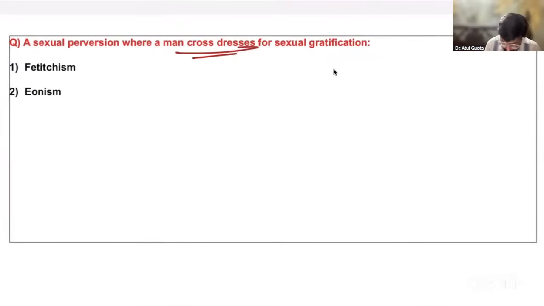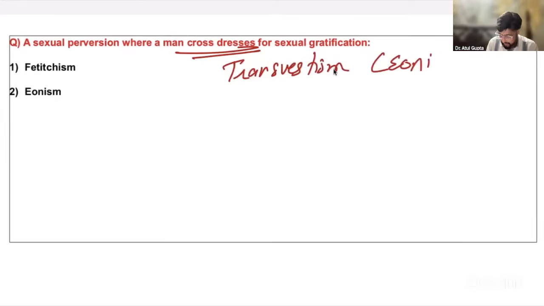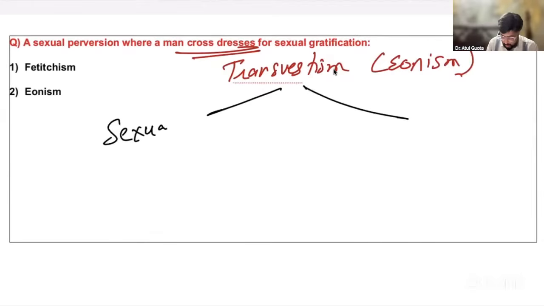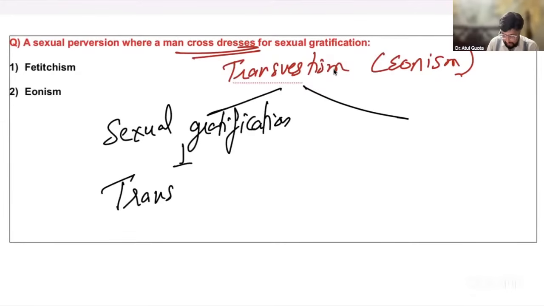Now, cross dressing. Cross dressing is transvestism, also called eonism. If it is done for the purpose of sexual gratification, then it is called transvestic fetishism.